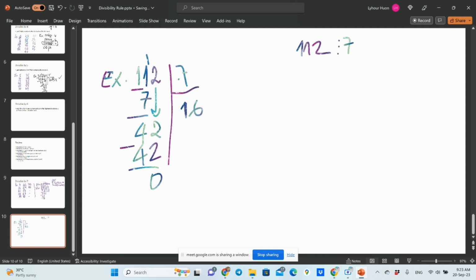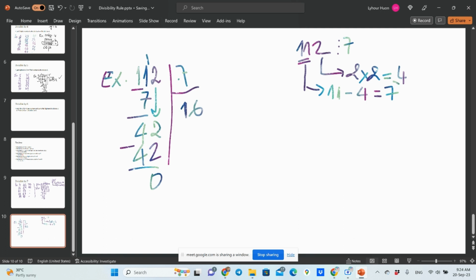When we double the last digit 2, it is 2 times 2, so the double of the last digit is 4. Double means we multiply by 2. The rest of the number is 11, minus 4, so it is 7.